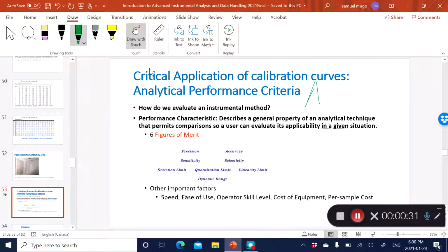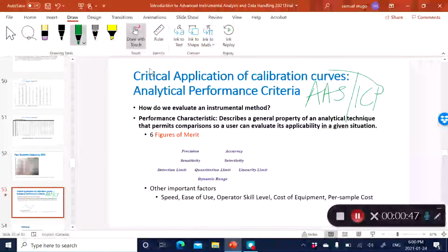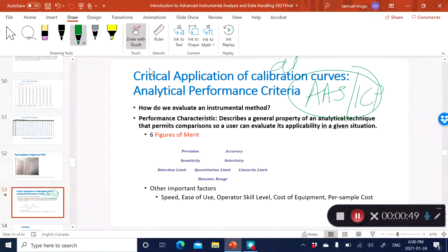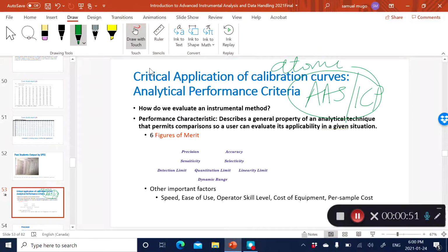If you take AAS, atomic absorption spectrometer, most of which you guys have done in the class, and you compare it probably with the ICP, inductively coupled plasma, which you're gonna do this week. Both of them are atomic spectrometric types of techniques, and essentially they analyze different types of elements.